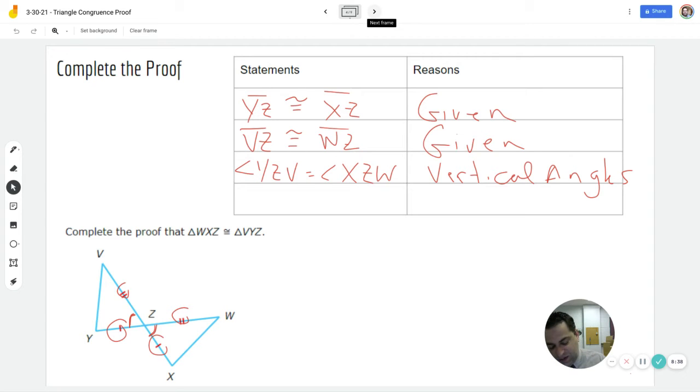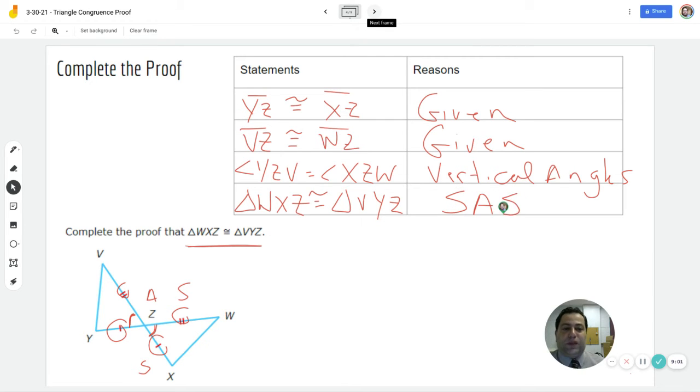Now, again, they gave me the proof statement, which is nice. So triangle WXZ is congruent to triangle VYZ. And then I look back at the diagram, right? I have a side, we have an angle, and I have another side. Side, angle, side is going to be my congruent statement. All right, let's take a look at another one.